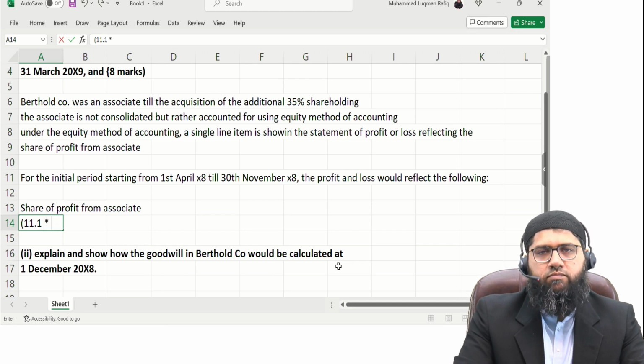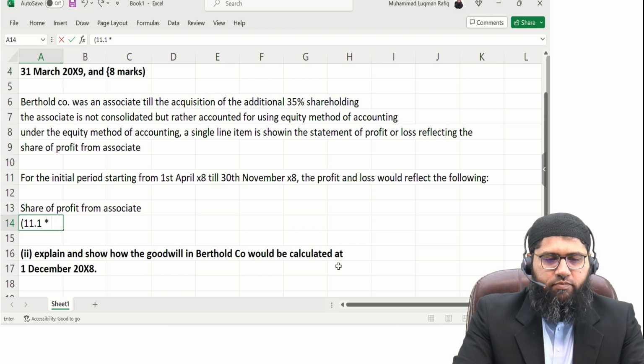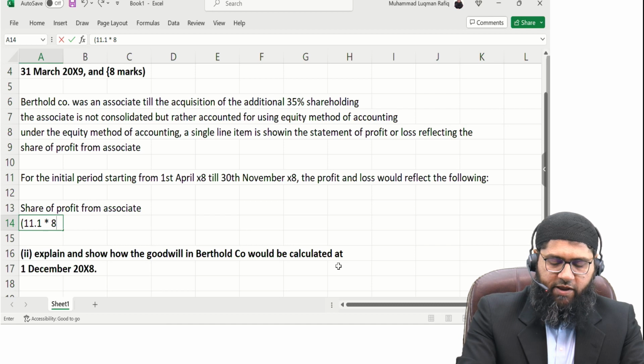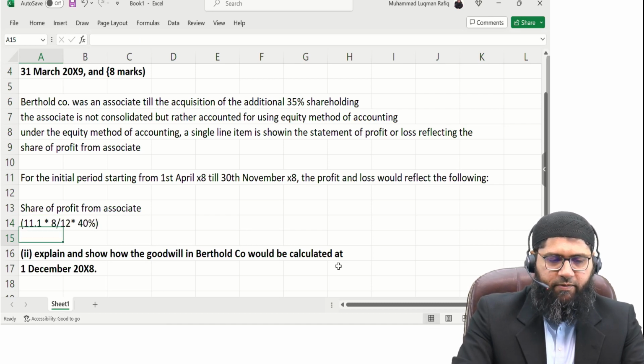Multiply by how many months? From April to November, 8 months divided by 12, multiply by 40%, right?